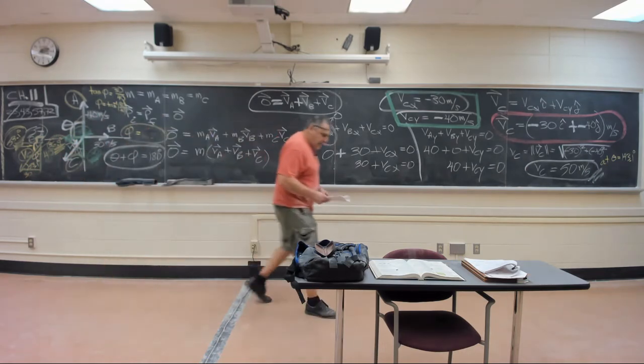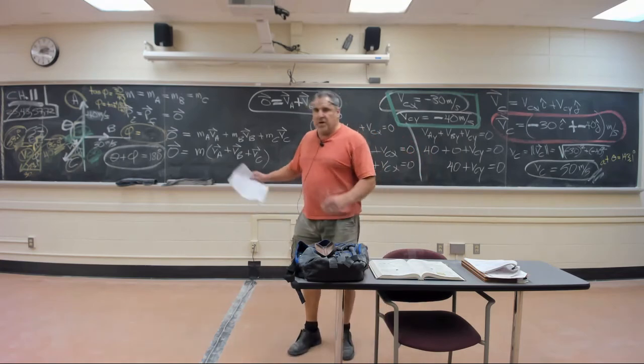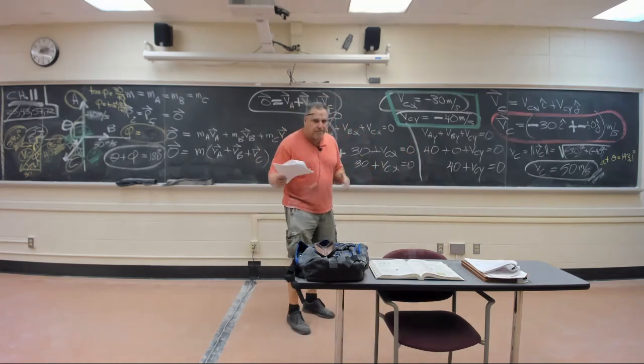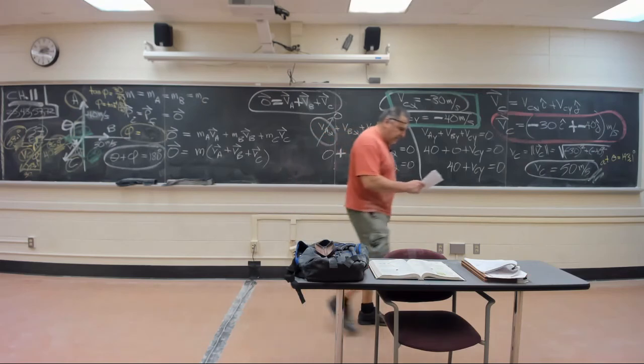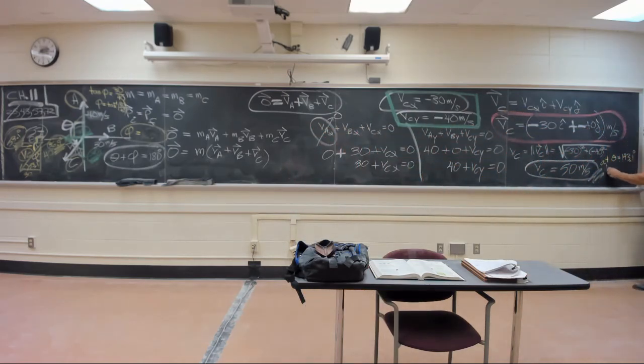Okay, the notes should make more sense than the near fiasco that I just did over there, but it should be pretty straightforward. The 90 and the 53.1 should give you the 143.1 between the VC vector and the VA vector. And that's this.